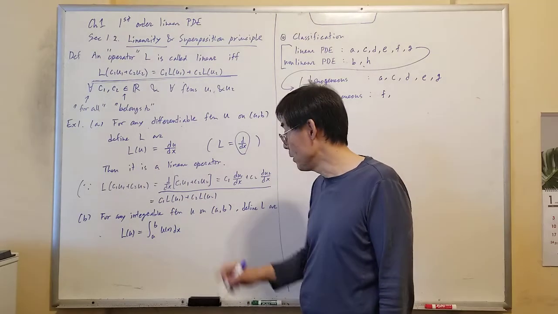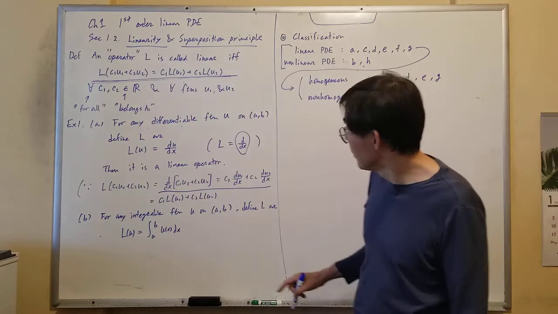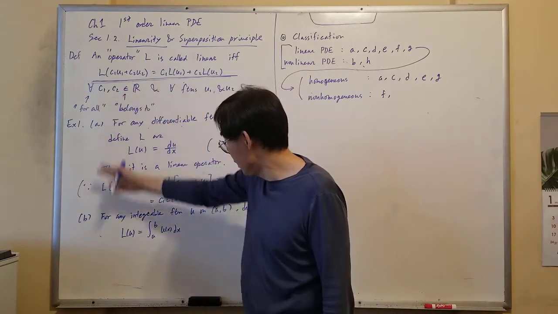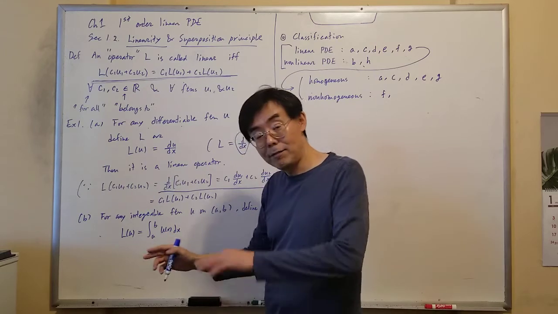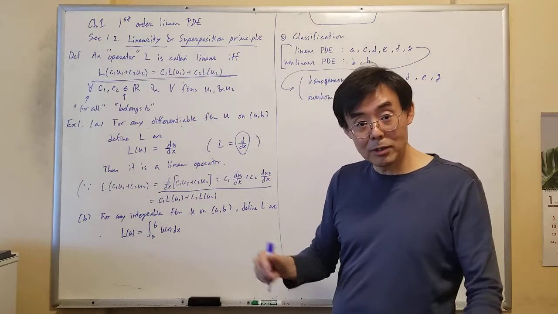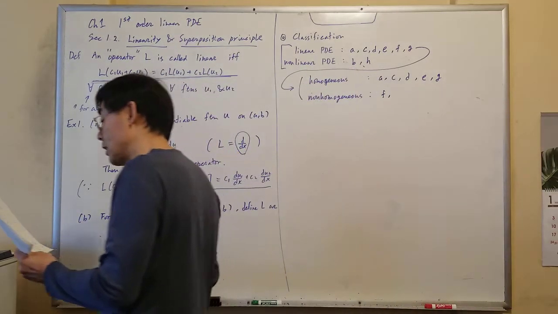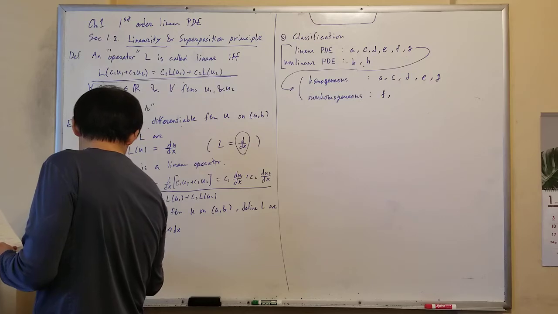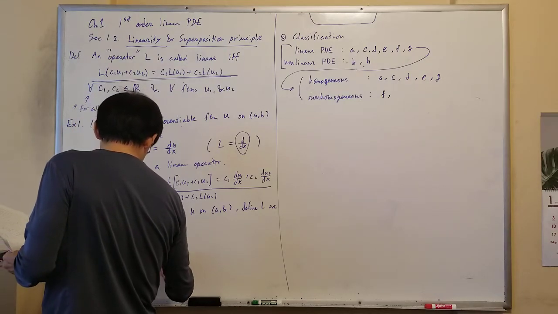Of u from a to b. Then, you know, the definite integral of C1u1 plus C2u2 can be split over addition and scalar multiplication. So this is also linear, all right? Then L is also linear.